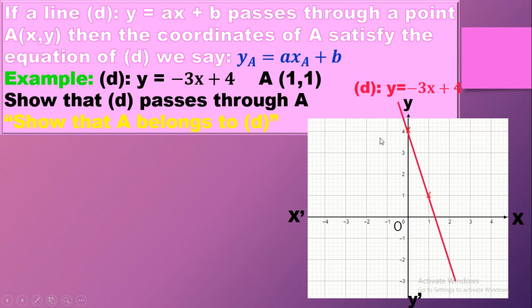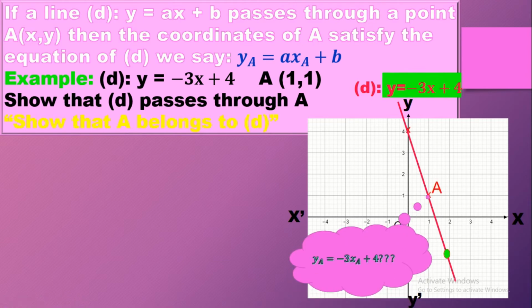Well, let's start together. What happens for any point on this straight line? However this point moves, it should satisfy the relation y equals minus 3x plus 4. What about the point A? Can we say that ya equals minus 3 xa plus 4? Let's check it out. Some students write it in this way and solve. They replace ya by its value and xa by its value.